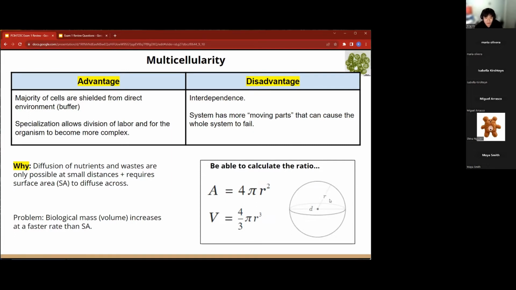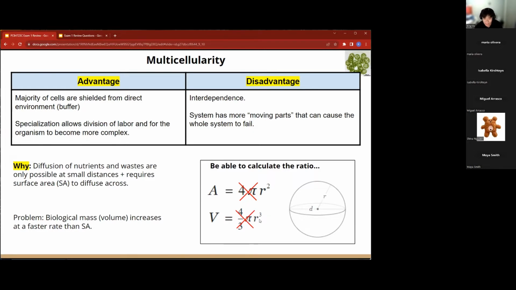But something important is you don't have to memorize these equations. All you really need to know is that surface area is proportional to radius squared, while volume is proportional to radius cubed. If you get a question on the exam that says, what happens when you double the radius of a cell, all you do is plug in a 2 for r. 2 squared is 4. 2 cubed is 8. So what's the ratio? 4 to 8?